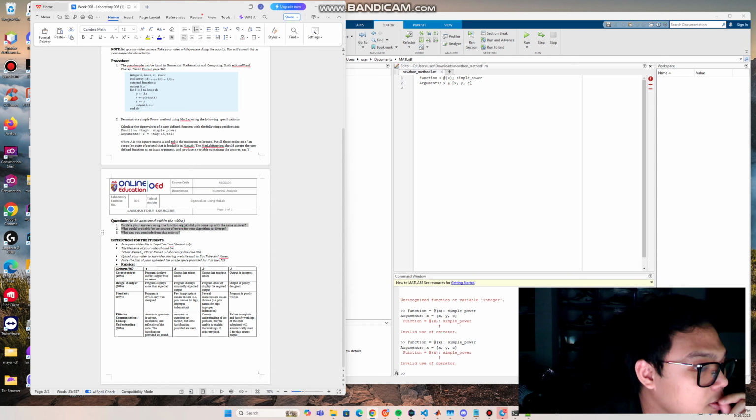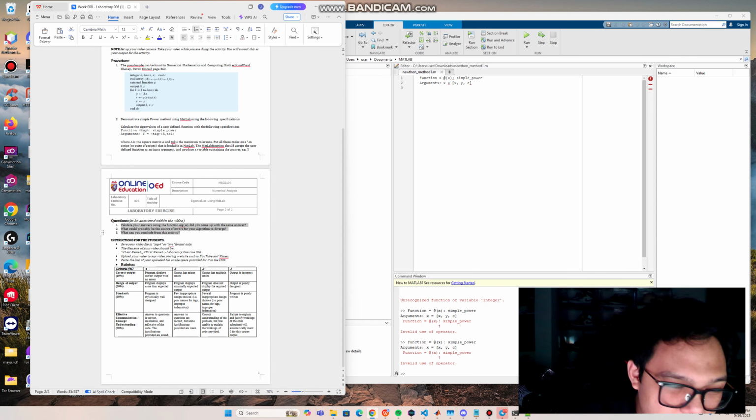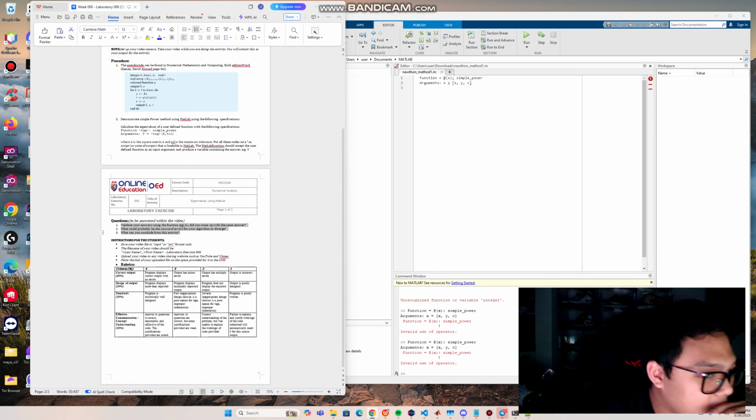Violation of assumptions: the power method assumes that the dominant eigenvalue is real and positive, and that the corresponding eigenvector has no zero components. Violation of these assumptions can cause the algorithm to diverge.